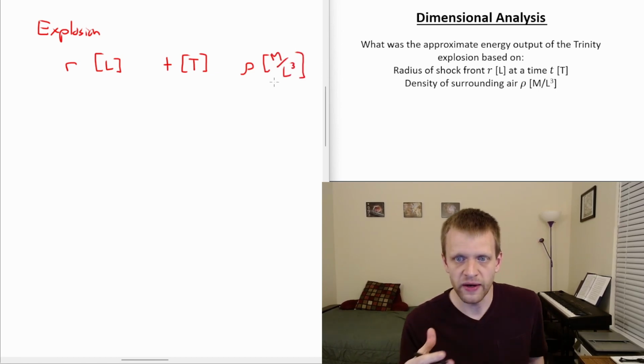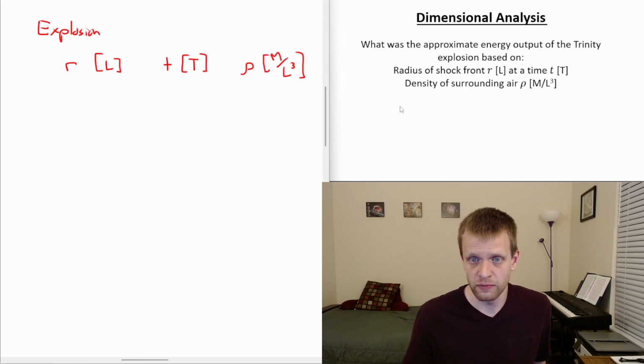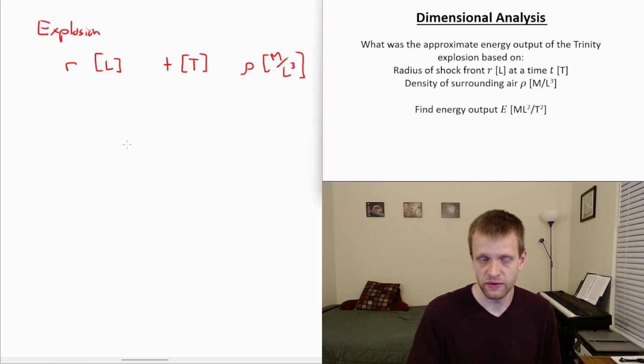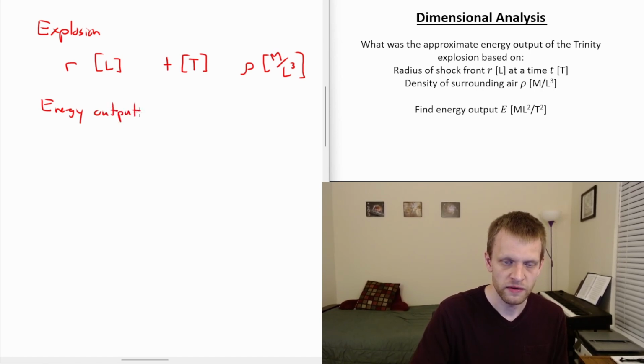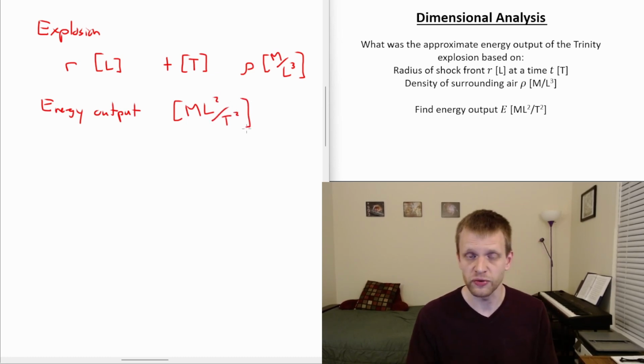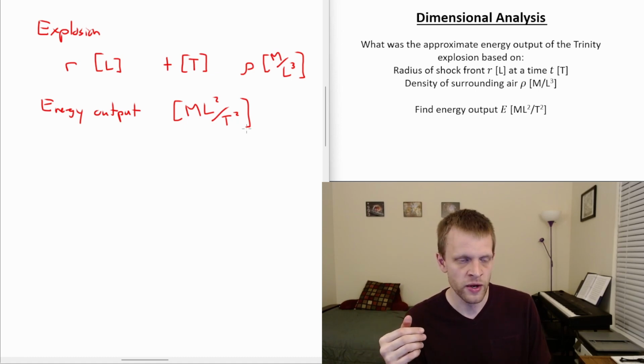And we want to find the energy scale. What is the energy output of this explosion? So the units for that should be mass times length squared divided by time squared. Okay? We talked about that again in the previous video.